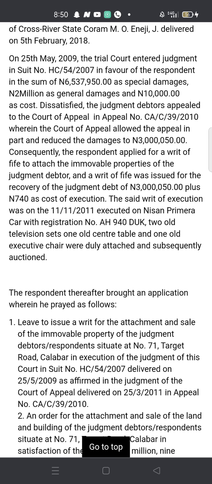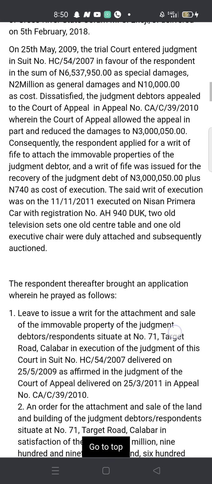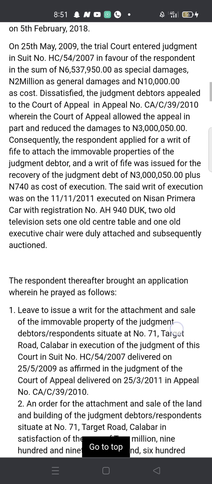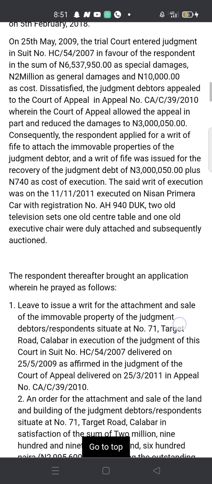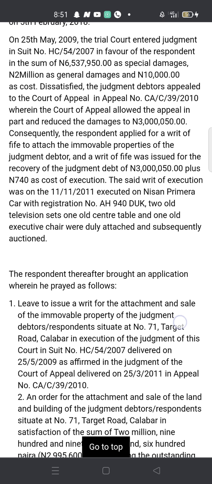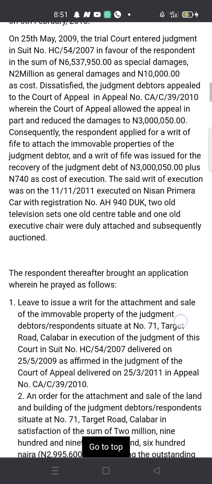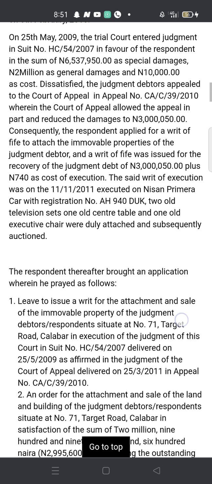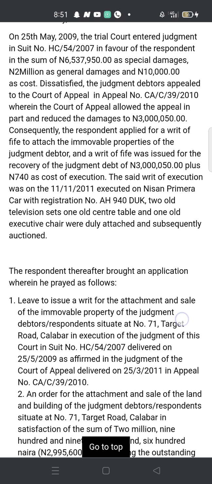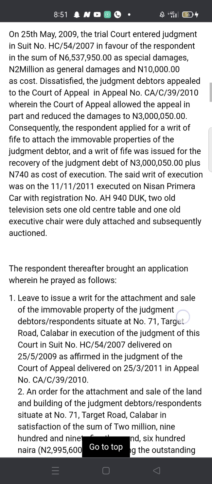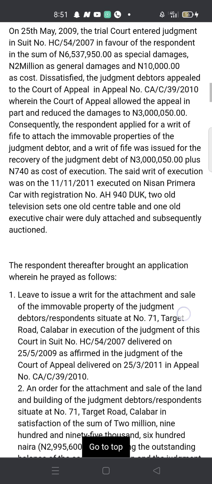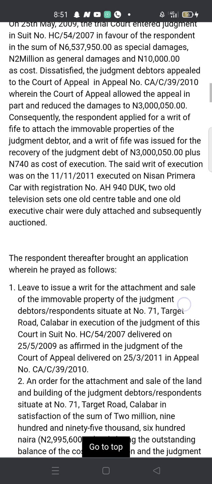The said writ of execution was on the 11th of November 2012 executed on a Nissan Primera car with registration number AH940DUK, 2 old television sets, 1 old center table, and 1 old executive chair, which were duly attached and subsequently auctioned.